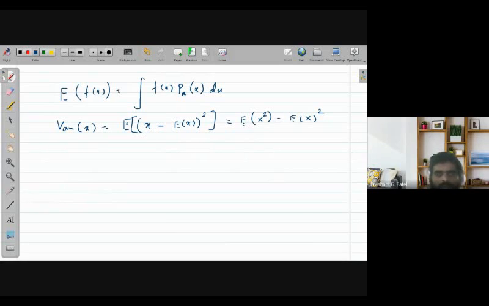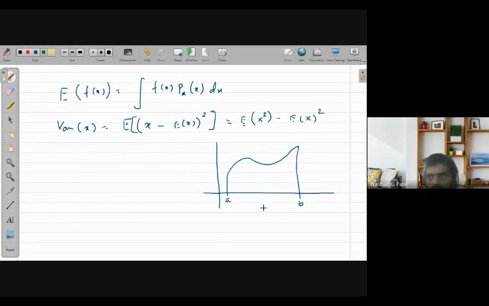Here our objective is to calculate the integration from a to b of f(x) dx. For that, I will pick one random point in this interval a to b. This is your a and this is b. Now we pick one random point between a and b, let's say that point is x.